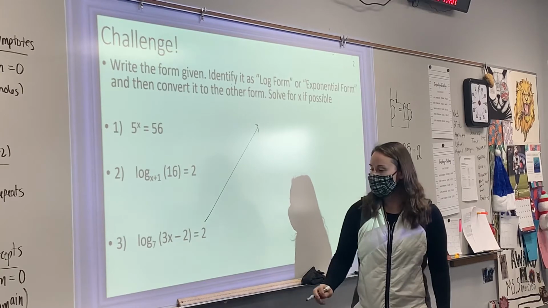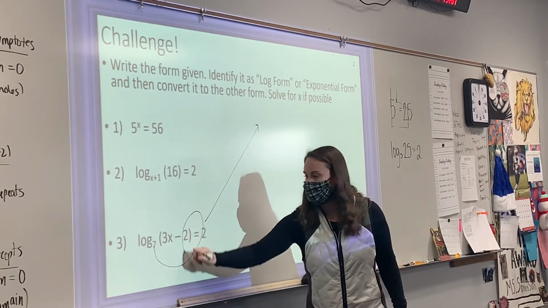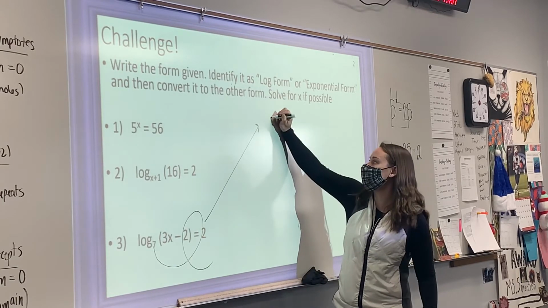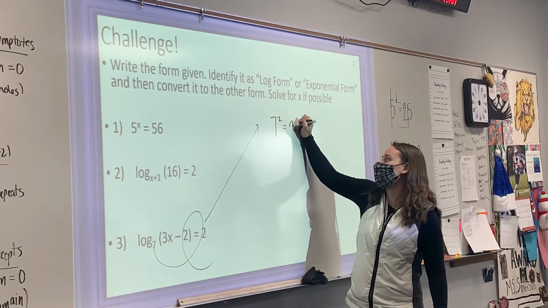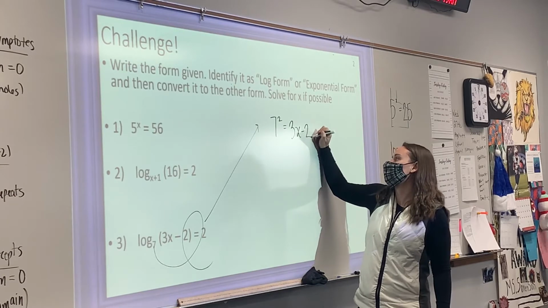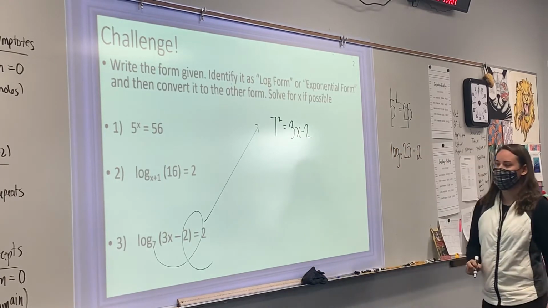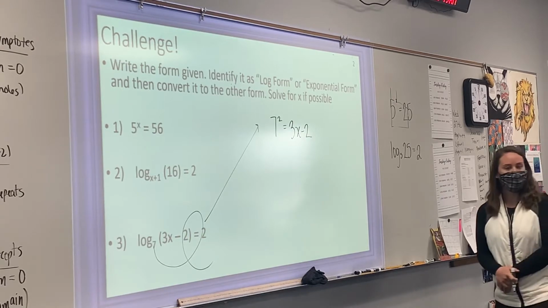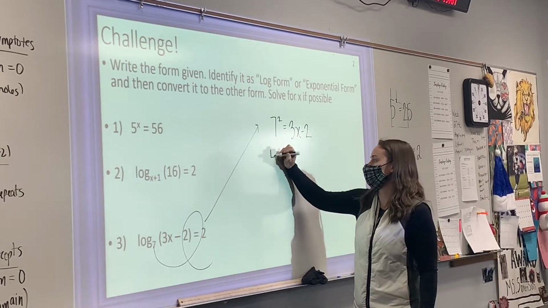Okay, on this problem here, I'm going to rewrite this as 7 squared equals 3x minus 2. Well, what is 7 squared? 49. Thank you very much.